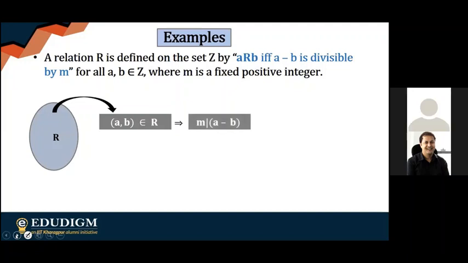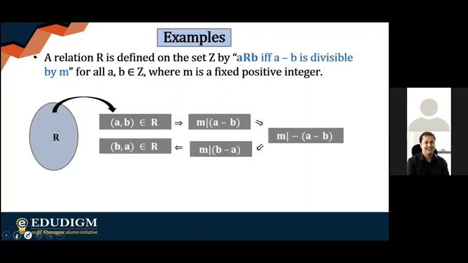So basically the definition is M divides A minus B. Now we are going to algebraically manipulate it to show that the inverse pair is also there. So I can write that M divides the additive inverse of this, which is nothing but B minus A. Now if you apply the definition of the relation, you will see that this is nothing but the pair B comma A, which is also present in R, which shows that this relation R defined on capital Z is symmetric. So this is how the general procedure is.